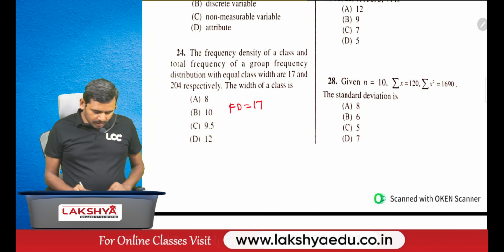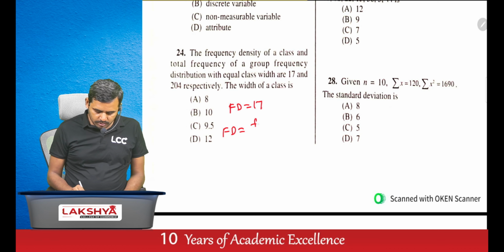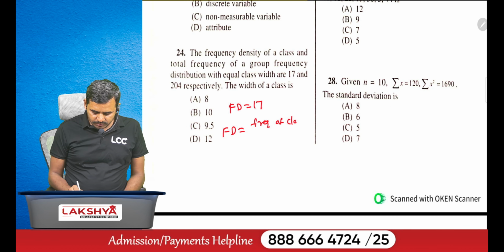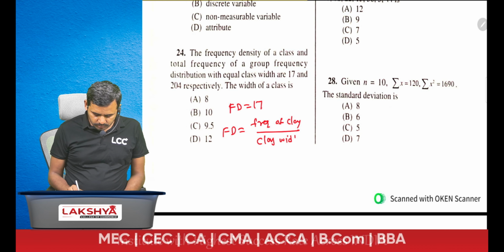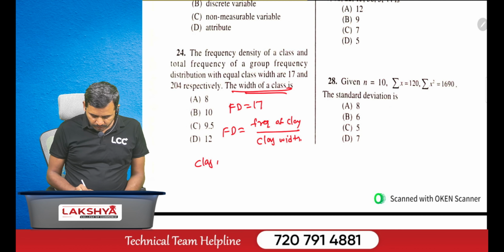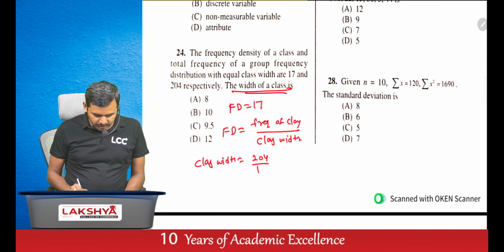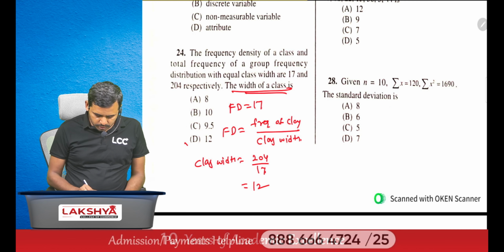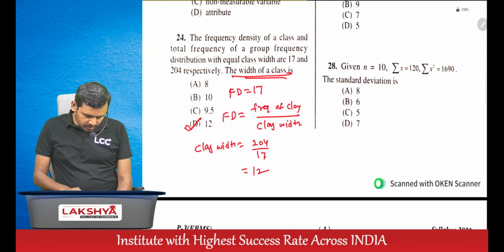And actually the frequency density formula: frequency density is equal to frequency of class by class width. Now we want to find the width of the class. Class width is equal to 204 by 17, which is equal to 12. 24, right answer is D.